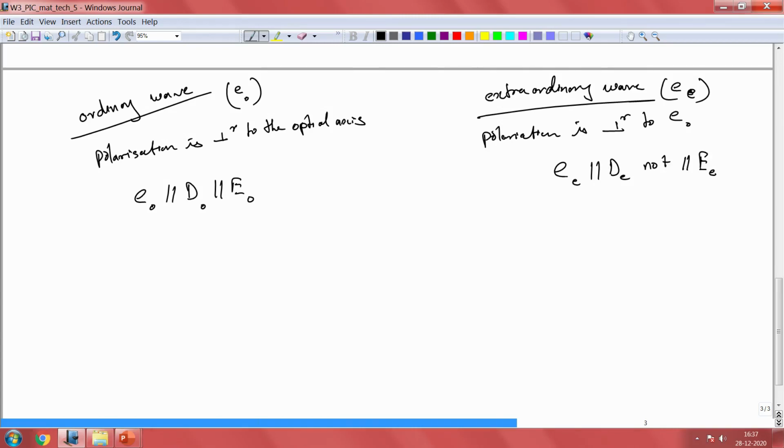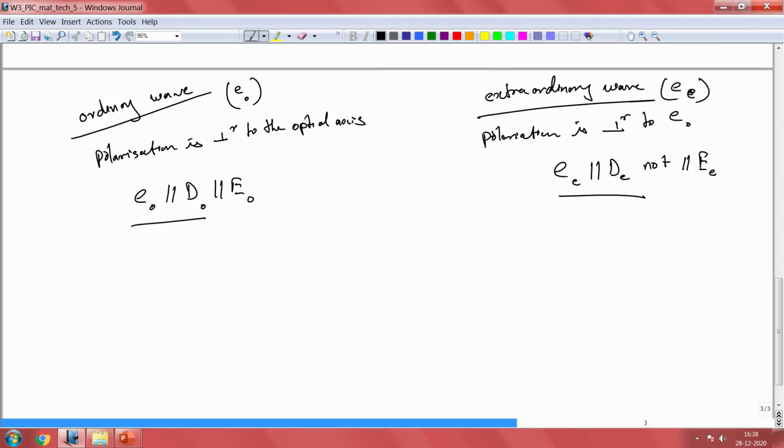So, both E naught and E E being unit vectors, they are nothing but unit vectors of D naught and D E. So, that is why they are perpendicular to the direction of propagation, that is k.